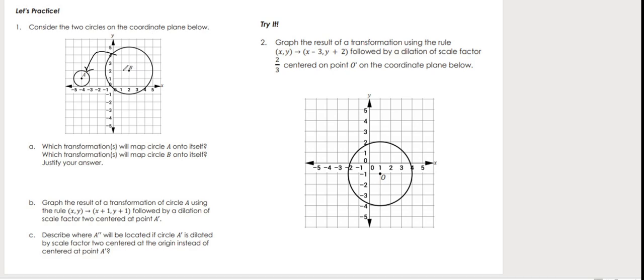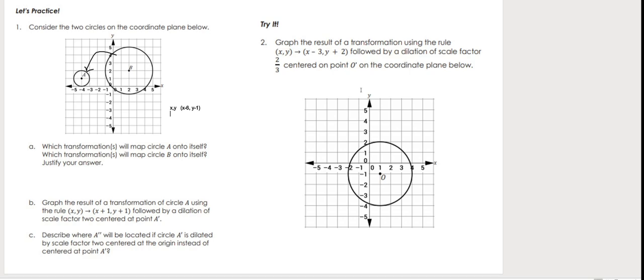My translation is going to be 1, 2, 3, 4, 5, 6. So I'm moving 6 spaces to the left. So my rule here will be (x, y) goes to x minus 6. And then my Y, I need to go down one space. So it's going to be y minus 1. This is my translation rule.